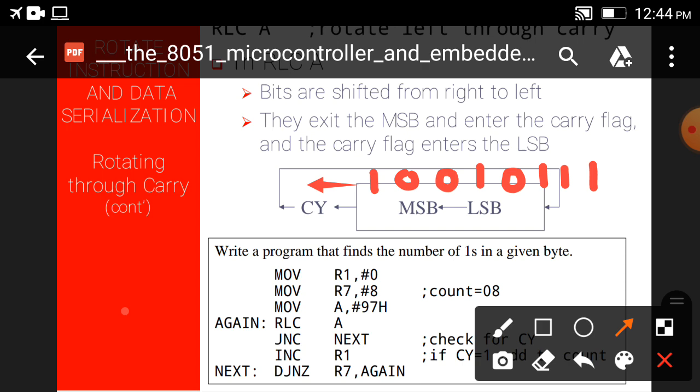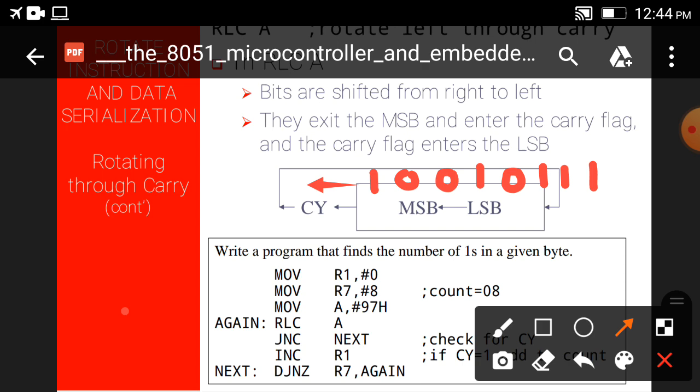So whenever I get 1 at that carry position, I will increment R1. The first time I perform the operation, I get 1 at the carry position, so the R1 value will get incremented. After that, again the R7 register's value will get decremented. Every time, rotate left through carry.